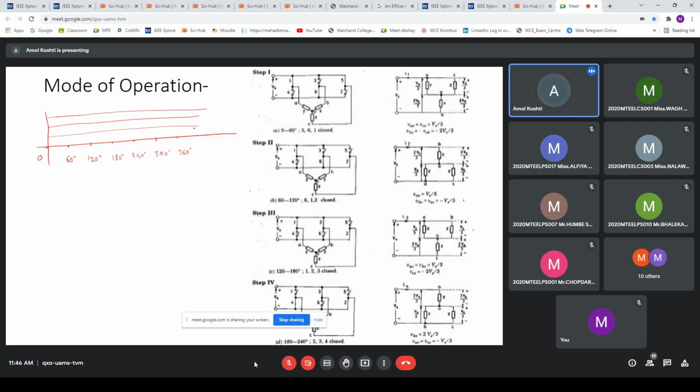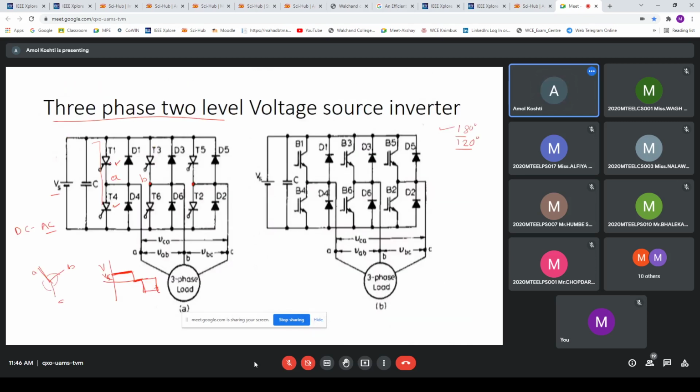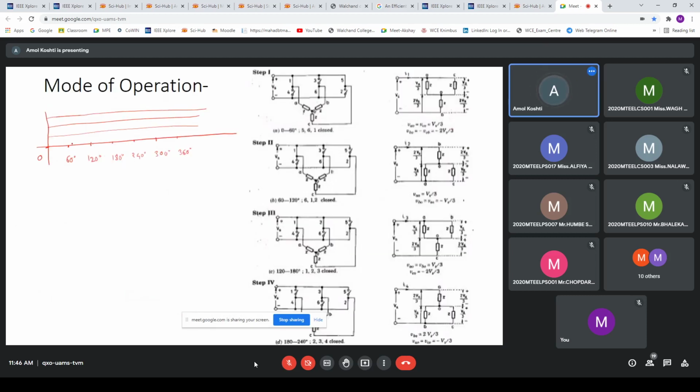Initially we'll assume that T1 is on for 180 degree. So for 0 to 180 degree, up to this instant, we will just assume that T1 is turned on.